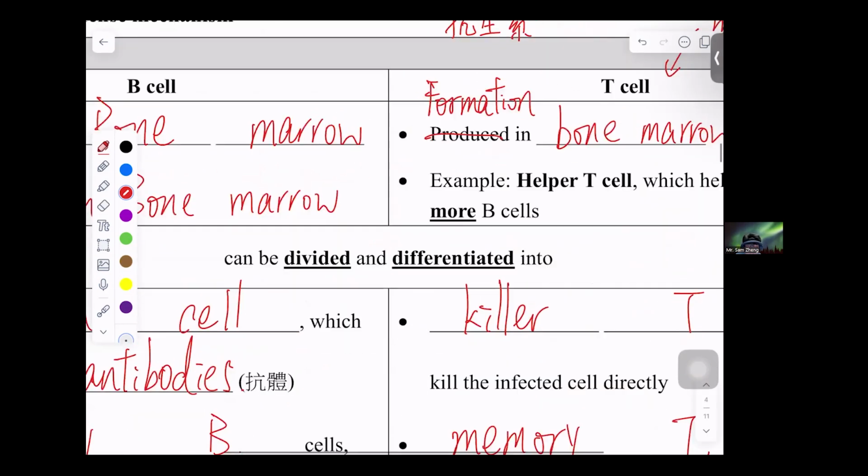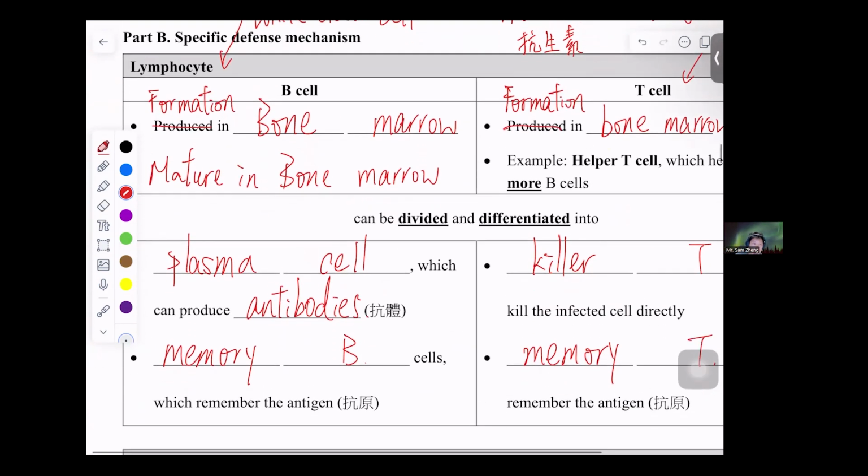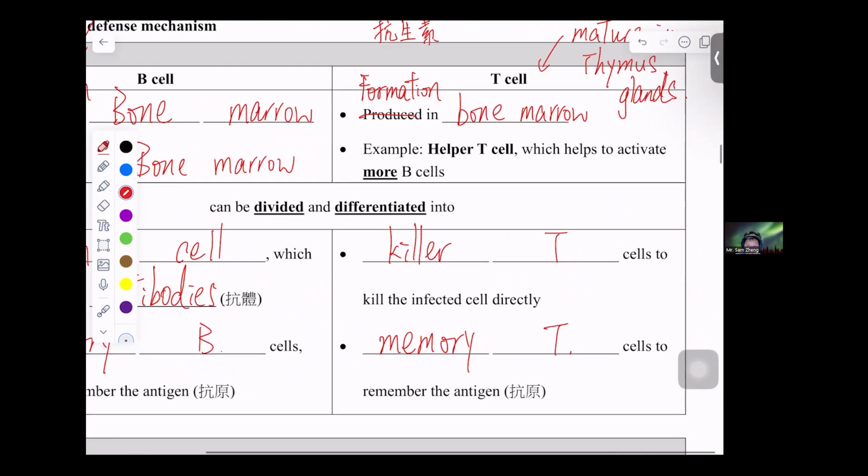With these ideas, we will notice that B cells, apart from differentiating into plasma cells, will also differentiate into memory B cells for the recognition of the antigen. Then T cells will differentiate into two types of cells. First, the killer T cells, which will kill the infected cells directly. By how?